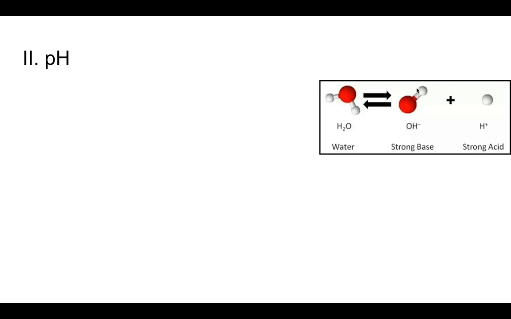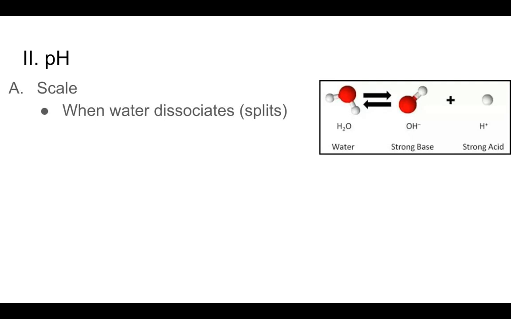One of the hydrogens sticks with the oxygen, and the other hydrogen sort of disassociates or pulls itself off. And then this arrow right here is showing that if you recombine these two, you'll create water again. And so in this back and forth relationship, water can disassociate, and then it can also reform.